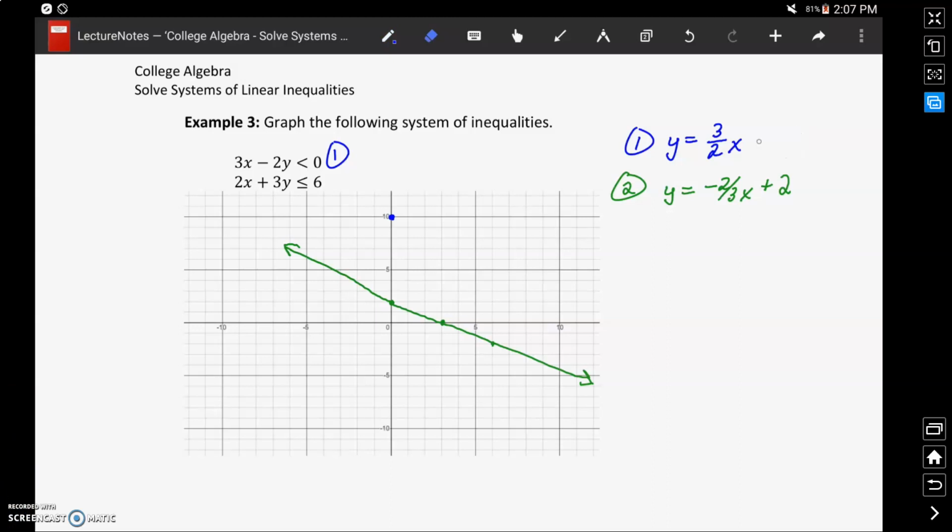This equation would end up being 3/2 x plus 0, not plus 10. So what we would have is our intercept starting at 0, 0, and then a slope of 3/2. So we would go up 3 over 2, up 3 over 2, and then in this case we have a strict inequality, so we'll graph that boundary with a dashed line.